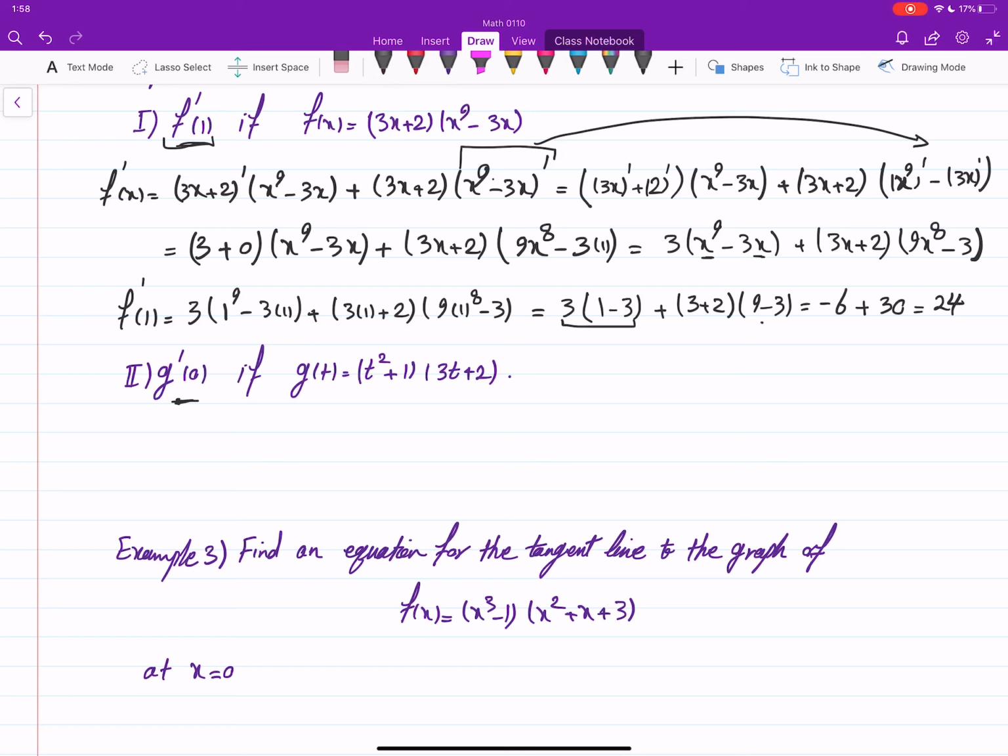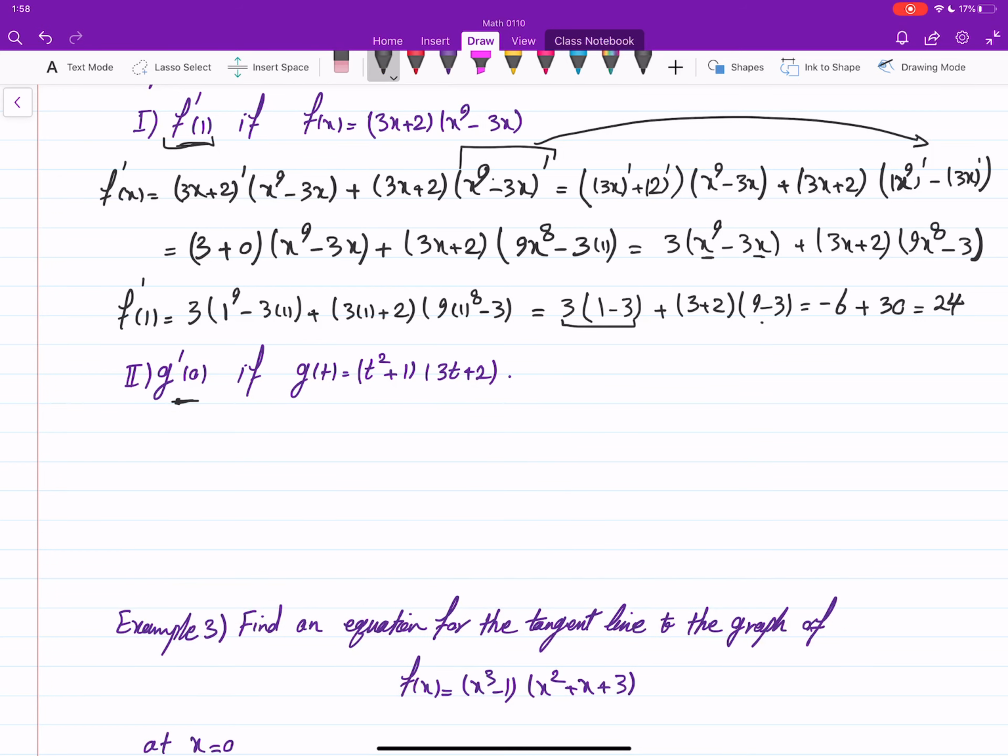For this other one, again, we have to first find the derivative. Let me do this one again. g prime at t is the derivative of the first one times the second one plus the first one times the derivative of the second one.